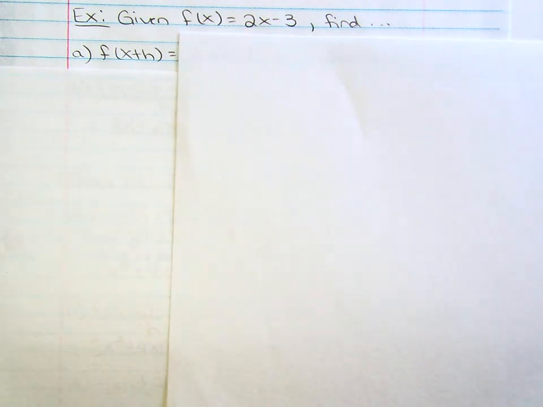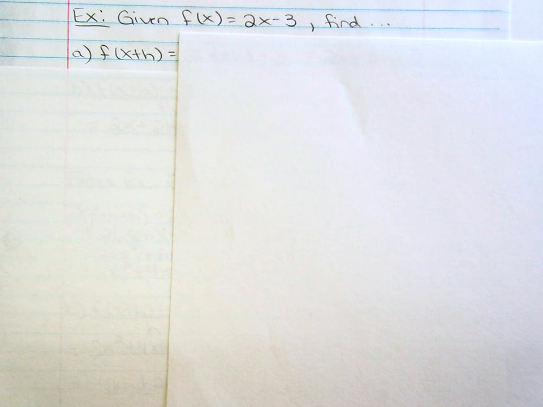Given f of x equals 2x minus 3, it wants us to find f of x plus h. Well, what do we do then? What do you think we do? So I think you're on the right track.